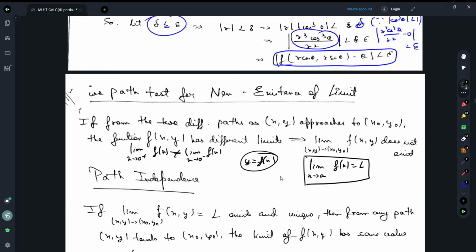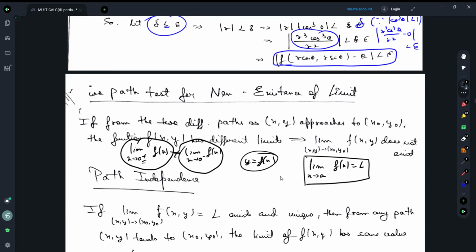This basically meant that when we approach this point a from the left side, we get this limit, and when we approach a from the right side, we get this limit. When approaching from both these directions, the value which f(x) tends to reach is not the same.